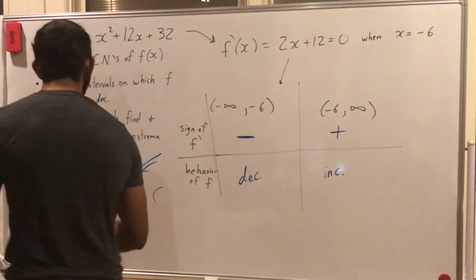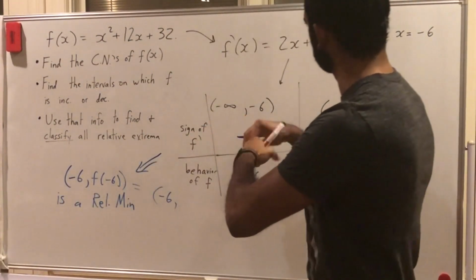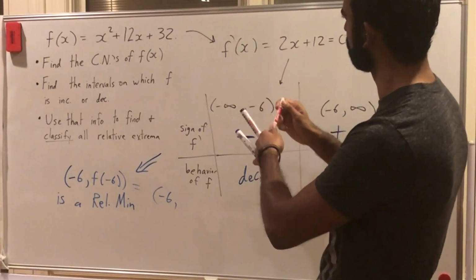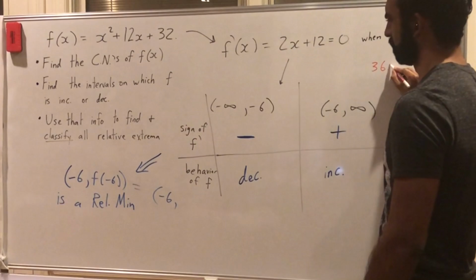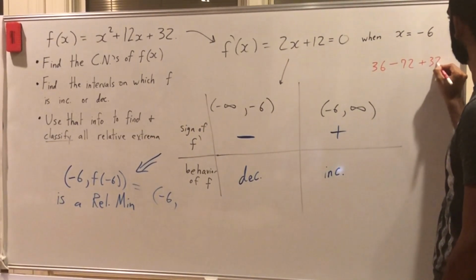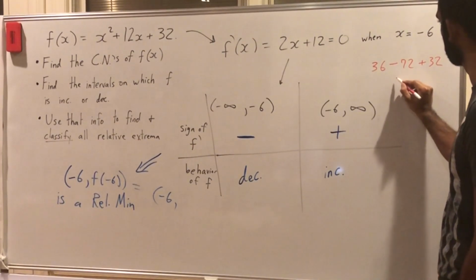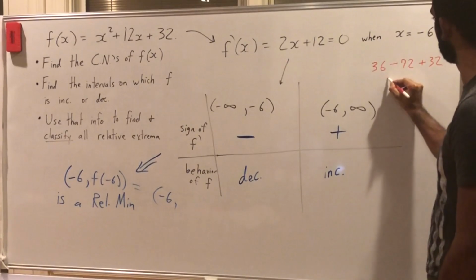Let's go ahead and compute what f of negative 6 is. That's going to be negative 6 comma, throw it into the quadratic. 36 minus 72 plus 32. So that's 68 minus 72. I think that's negative 4.